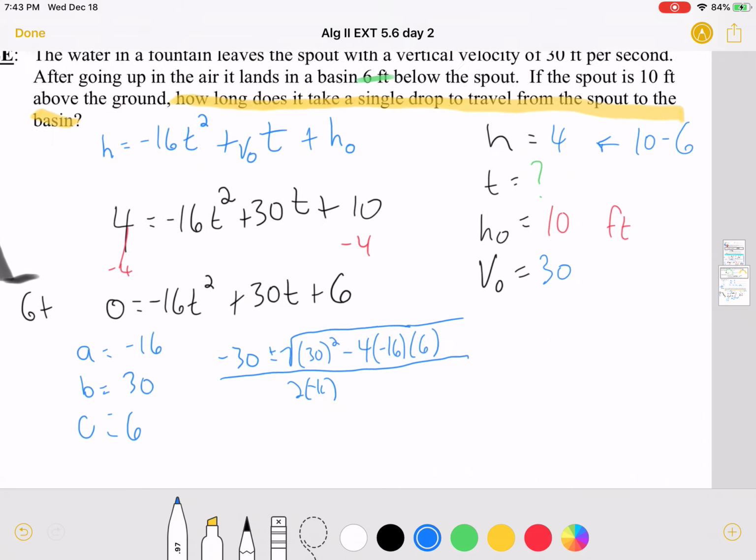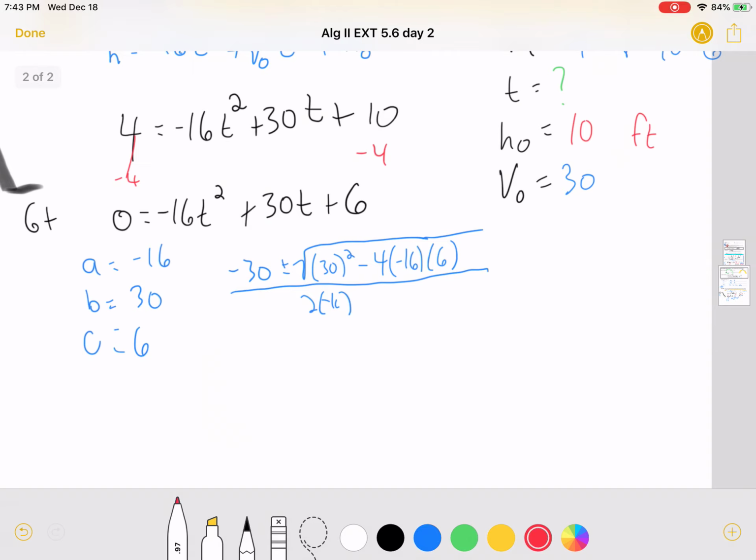Okay, so now again, I'm going to reduce what's underneath here. So this is really negative 30 plus or minus the square root of 30 squared, which is 900.